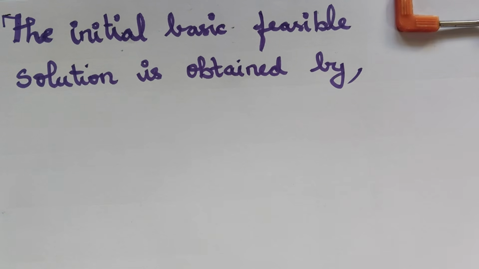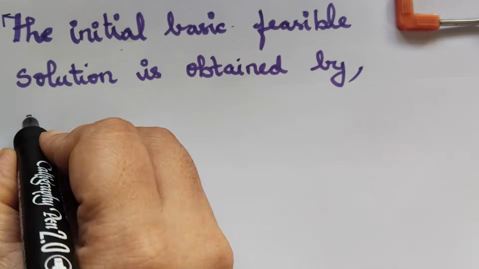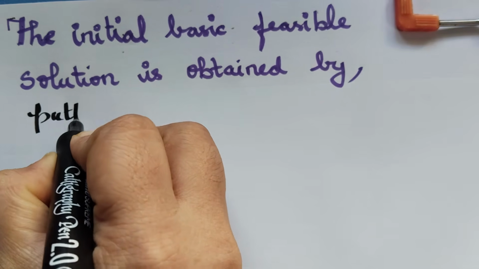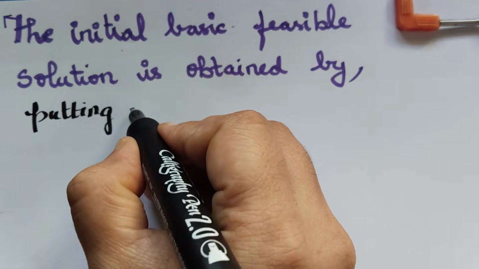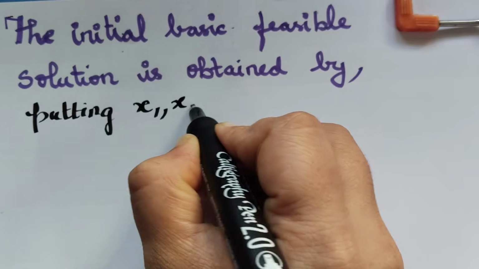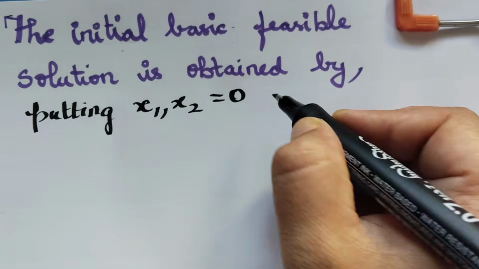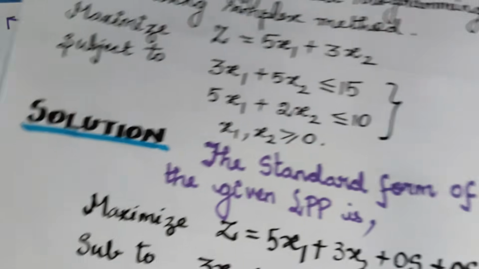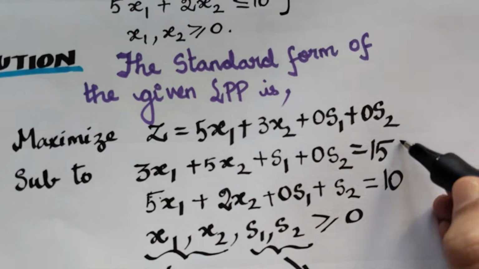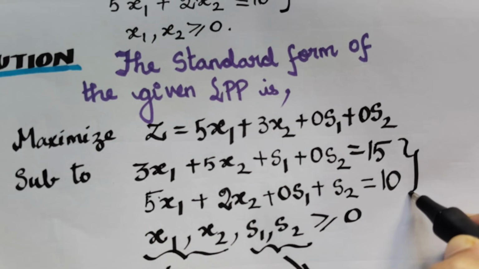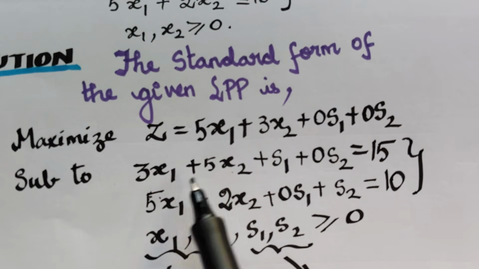So the initial basic feasible solution is obtained by putting the non-basic variables x1, x2 to be equal to 0 in the given constraints. Now in these two constraints we have to put x1 and x2 as 0.